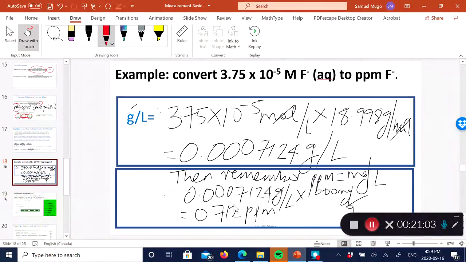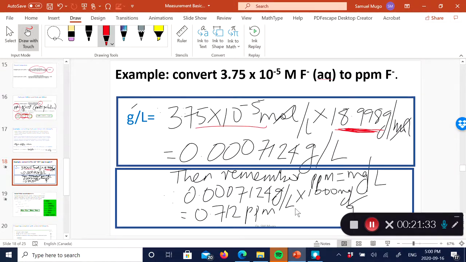Maybe another simple problem here: convert the molarity of this fluoride solution into parts per million. Again, what I need to do is multiply that number by the atomic mass, which is grams per mole of fluoride, and then I'm going to get the answer in grams per liter.